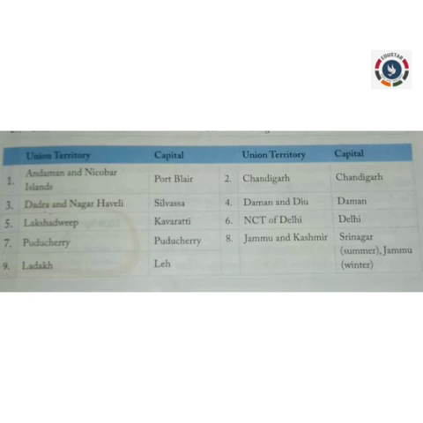National Capital Territory of Delhi, Delhi. Puducherry, Puducherry. Jammu and Kashmir. Srinagar is the summer capital. Jammu is the winter capital. Ladakh, Leh. Students, we completed the states and capitals and union territory.